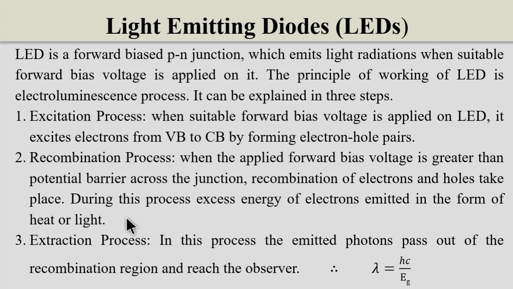And the last process in electroluminescence is the extraction process, which means the output. In this process, the emitted light passes out of the depletion region and reaches the observer. The wavelength of the light or photon can be calculated by using lambda equal to hc by Eg.